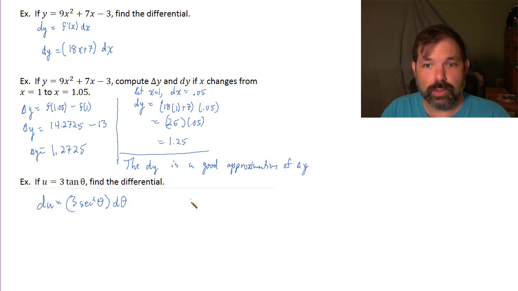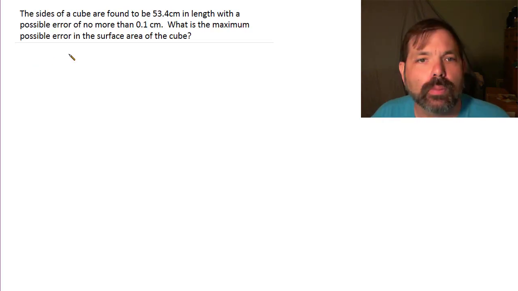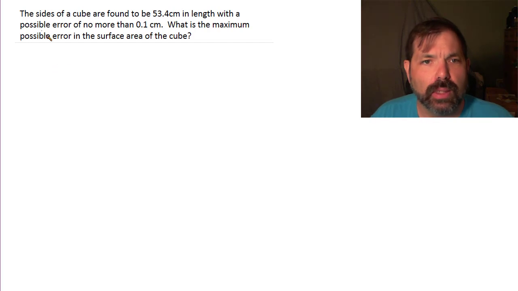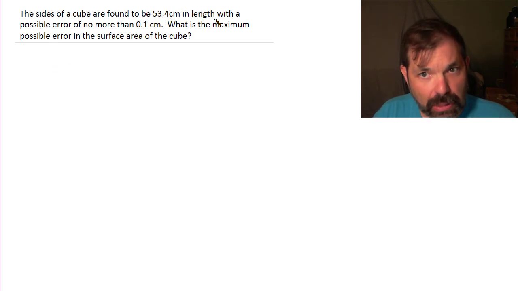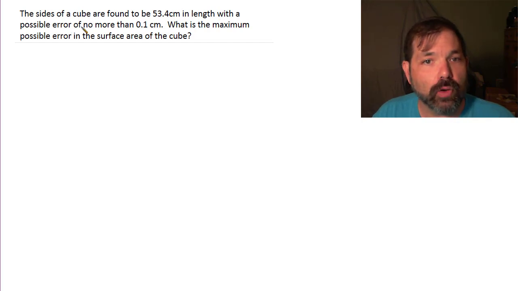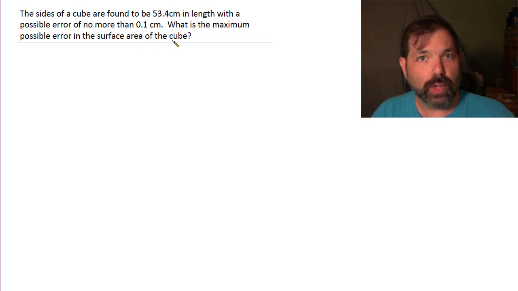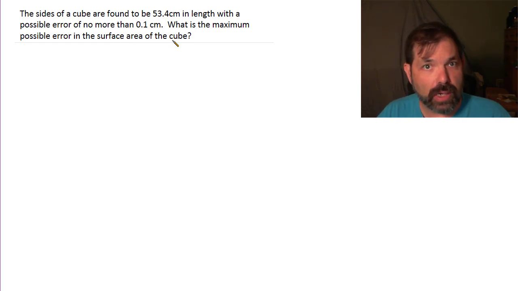Let's see another place where differentials can be used. Here we're told that the sides of a cube are found to be 53.4 centimeters in length with a possible error of no more than 0.1 centimeters. What is the maximum possible error in the surface area of the cube? Here we have a possible error in measurement.